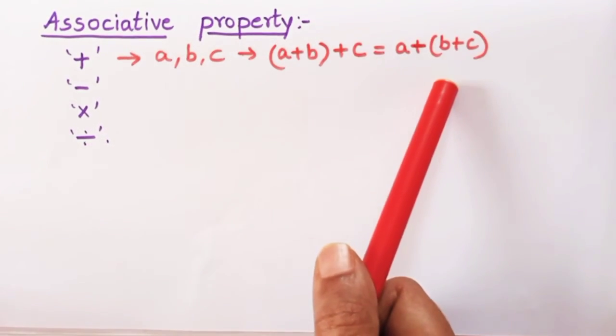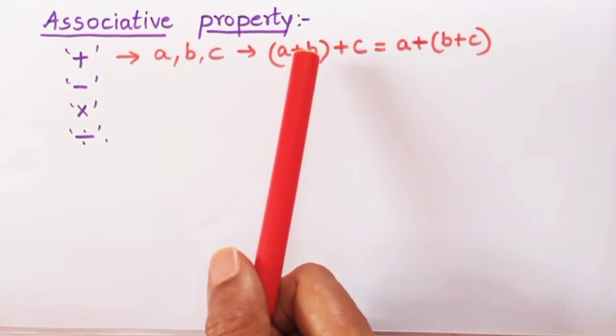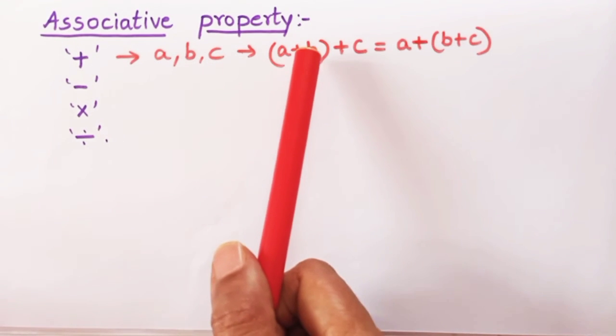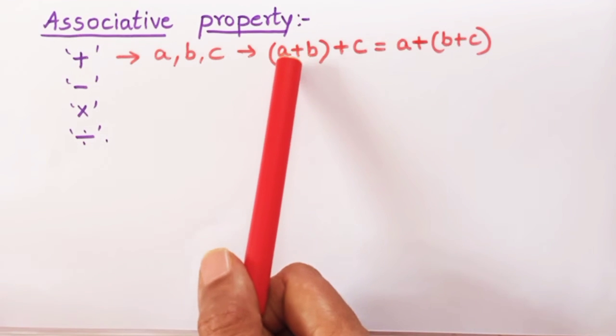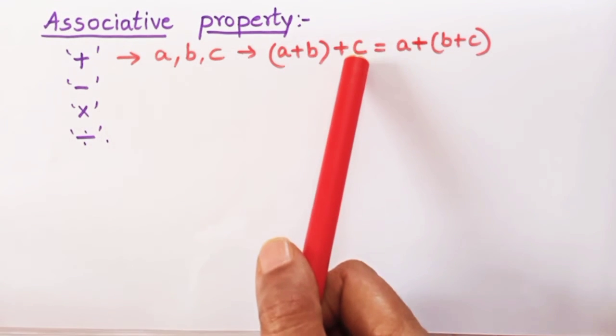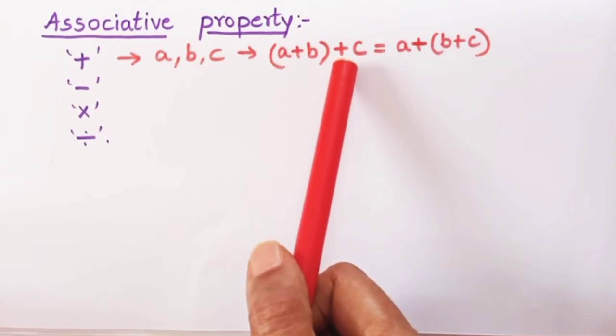Did you observe this? That means initially I am associating A and B together. The result is again associated with C in the first case.